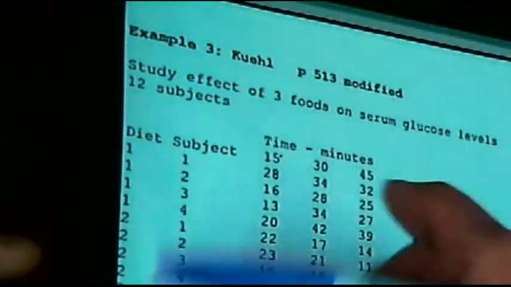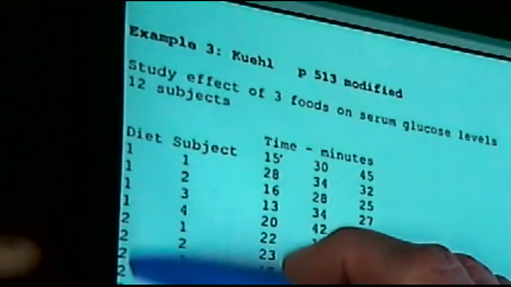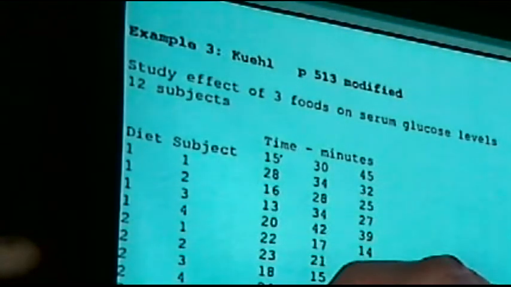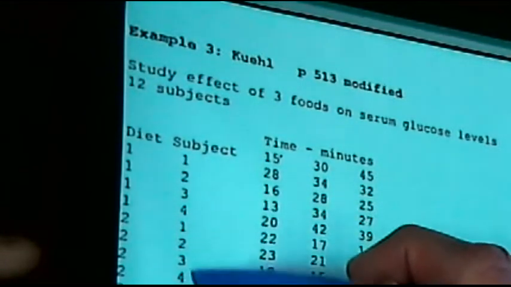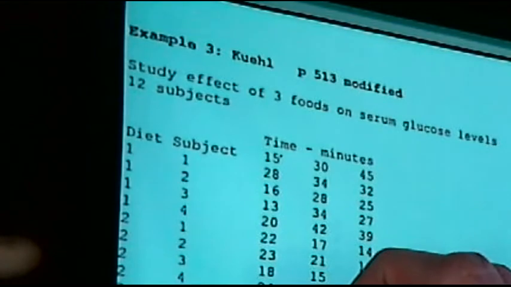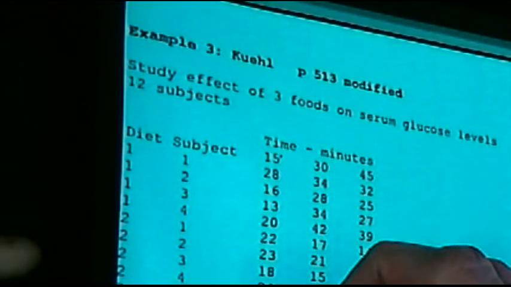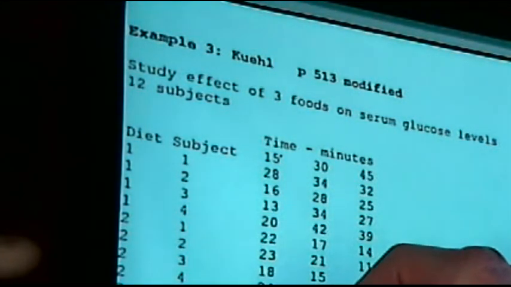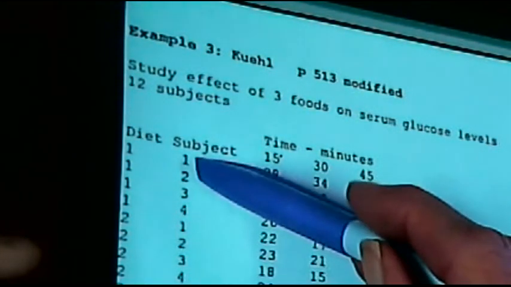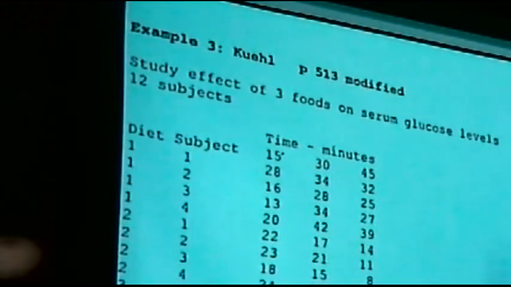So we have a column for diet, diet 1, diet 2, diet 3. And then we have a column for subject. Now, even though these are 1 through 4, 1 through 4, 1 through 4, there are 12 subjects overall in this experiment. So notation isn't really good in that sense. There's 12 different subjects in this experiment.